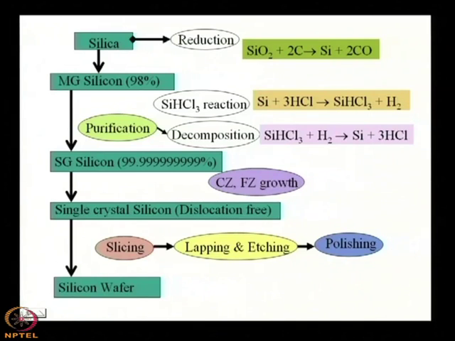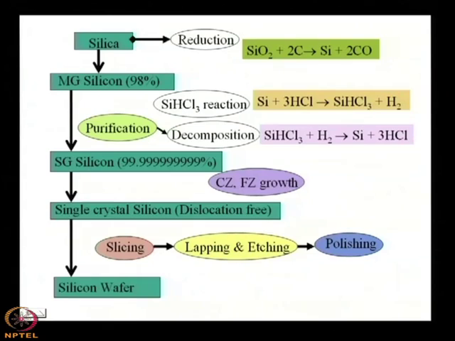That means it is almost liquid, and the advantage of using a liquid is that you can distill it. So, by fractional distillation of trichlorosilane, you can remove almost all impurity. So, that is the reason that trichlorosilane is made. That is a very important step.